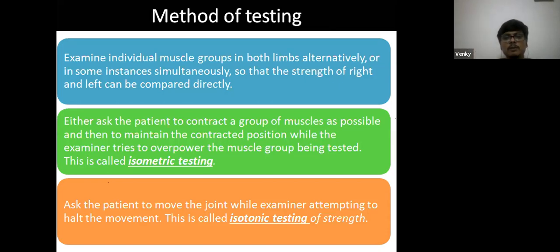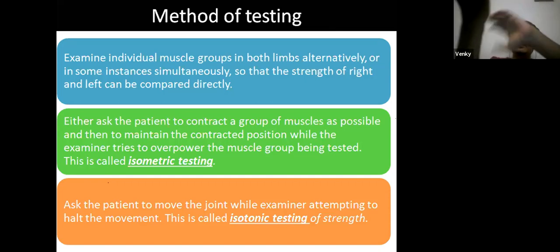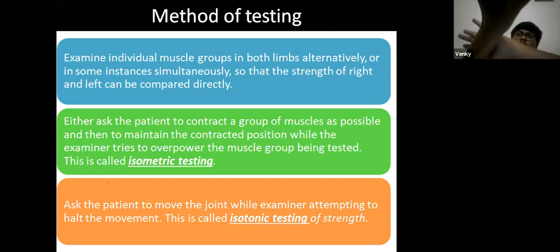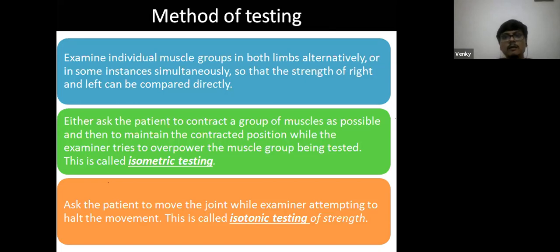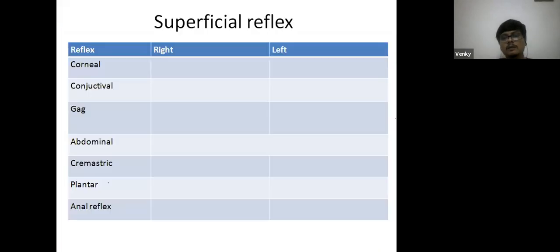In case of isotonic, ask the patient to move the joint while the examiner attempts to halt the movement. See, this is isotonic. Ask the patient to flex the elbow, and you are giving resistance. This is isotonic. Isometric is better than isotonic testing. So this is the power. Power I will deal separately.